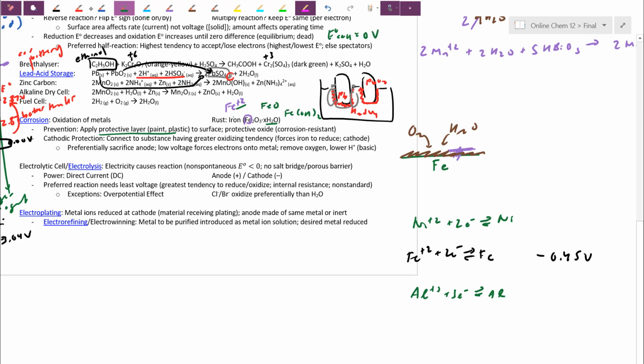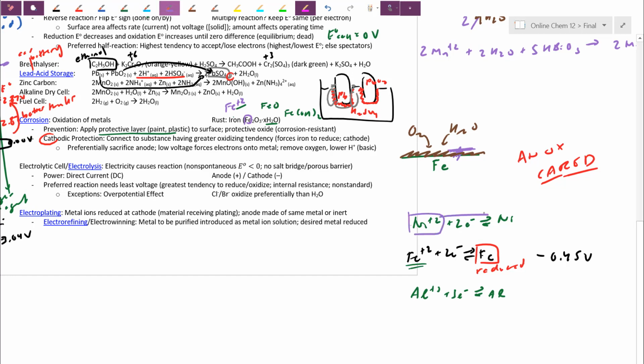The goal is, let's say iron is the metal that you want to be protecting. The goal is to keep iron in the reduced form, right? The reduction should occur at the cathode side. So that's why sometimes we actually refer to this as cathodic protection. If I'm worried about having iron ions, I might put in some solution of Ni2+.